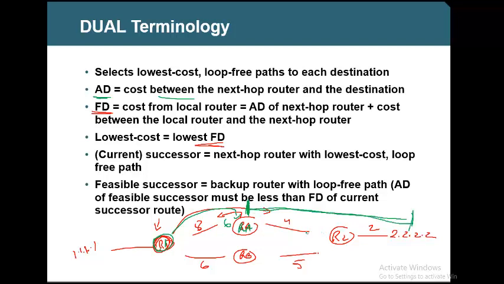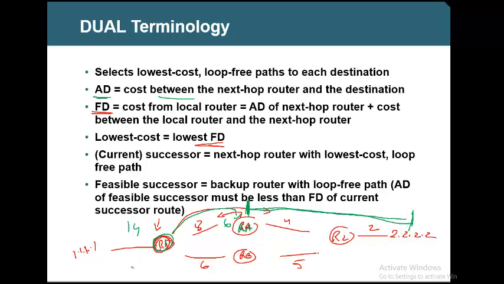Now tell me, what is the advertised distance via router B? 7. Exactly. Now, what are the two FD values to reach 2222? The FD going through router A is 14.